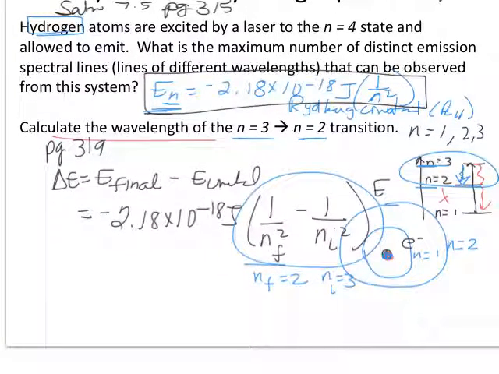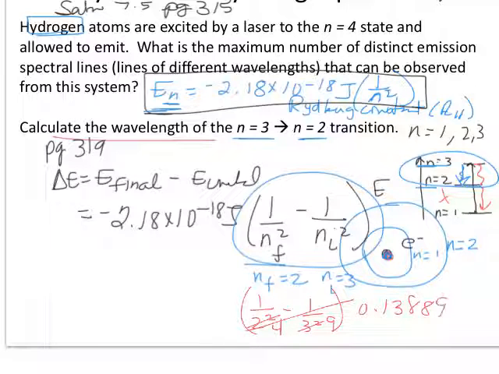When you put that in, 1 over 2 squared minus 1 over 3 squared is 1/4 minus 1/9, which gives 0.13889. Take that times negative 2.18 times 10 to the negative 18 joules, and you get a delta E value of negative 3.03 times 10 to the negative 19 joules.